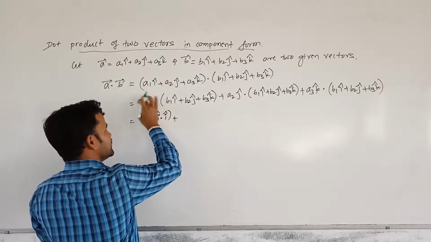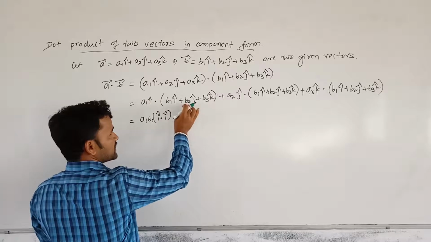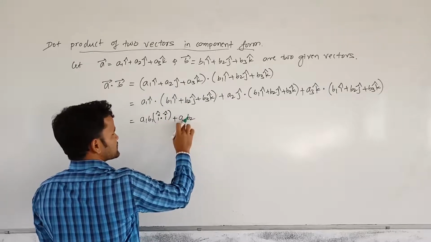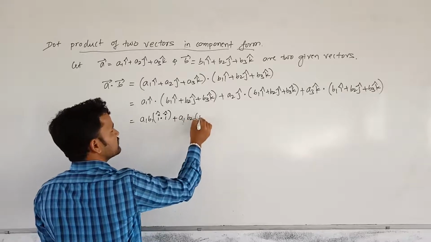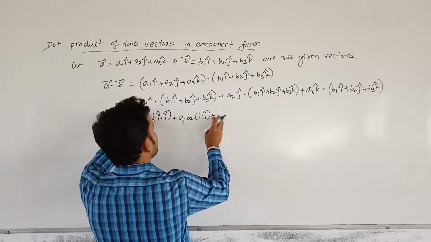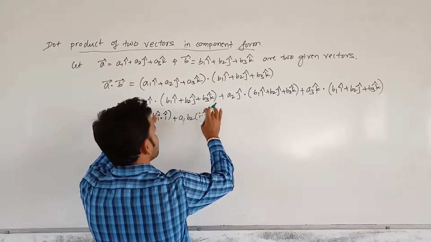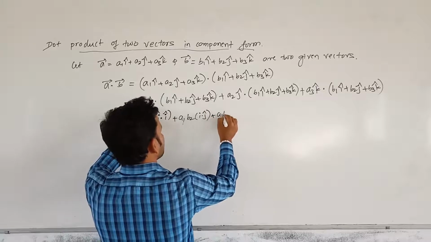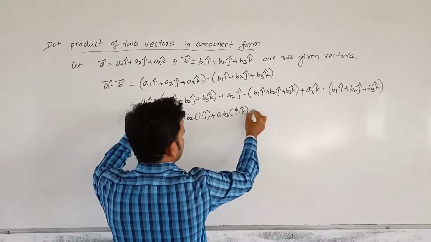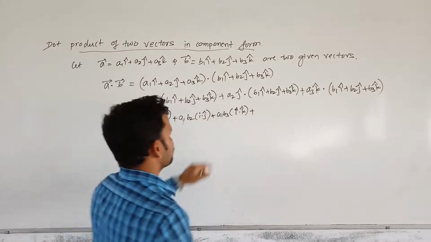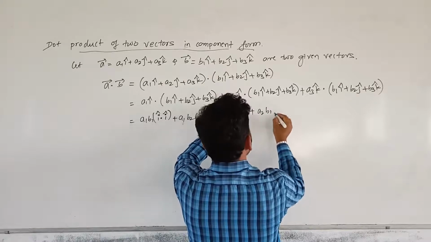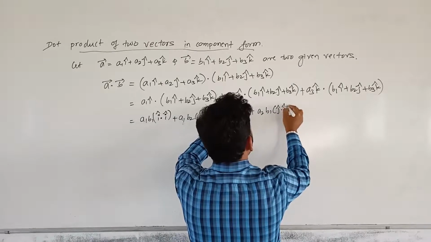Next, A1i is in dot product with B2j. A1 and B2 are scalar quantities, so we write outside A1 B2 into i dot j. Next, plus A1i dot B3k gives A1 B3 into i dot k. Next, plus A2 B1 outside, j dot i.